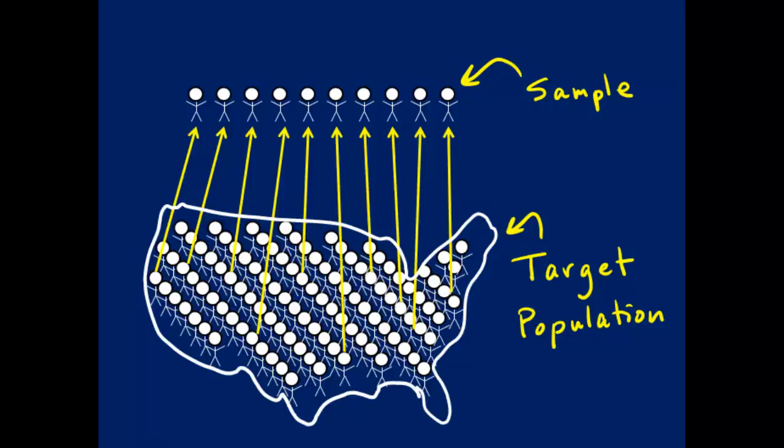The reason they did that was so that they could get good precision in the estimates for those subpopulations. But since some people had a higher probability of selection, we can no longer use the straightforward maximum likelihood estimation to estimate the parameters in the target population without bias.